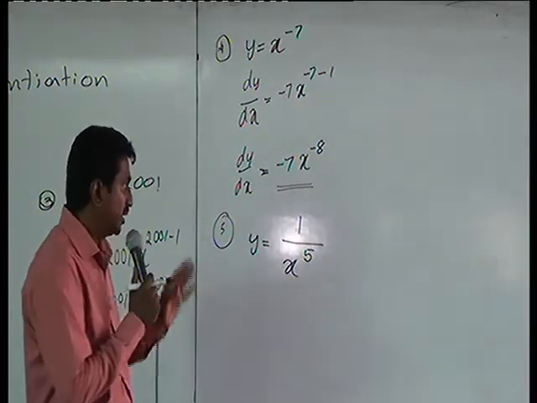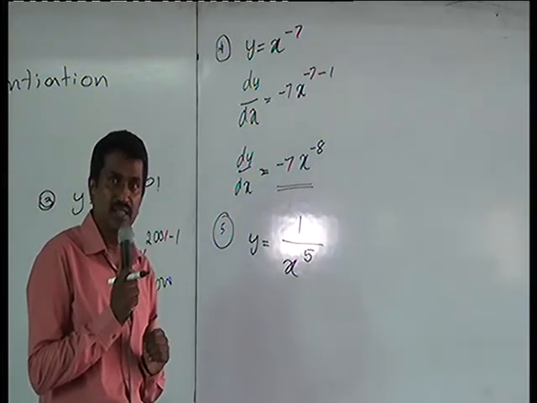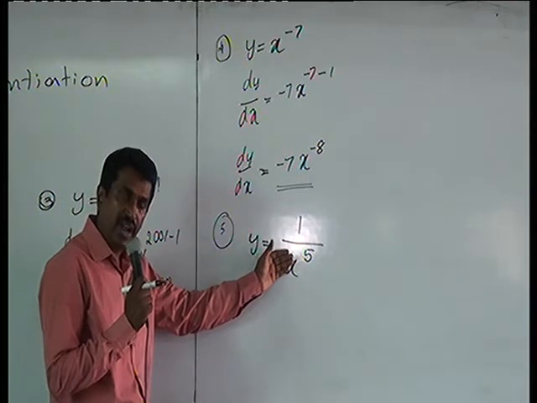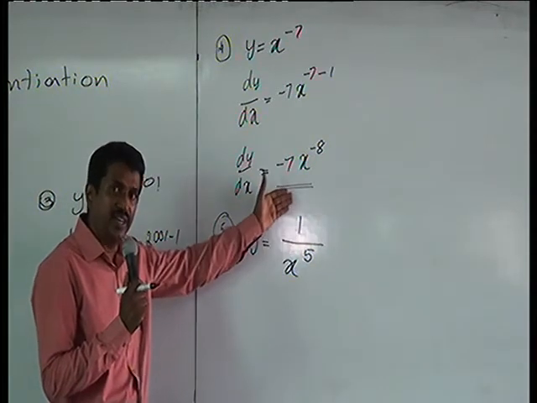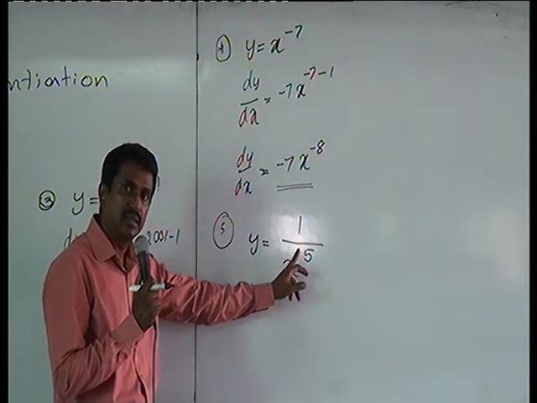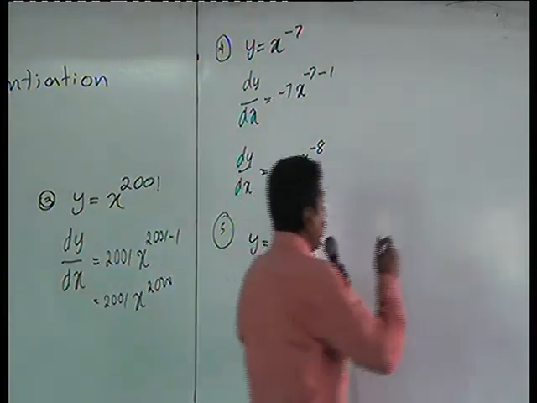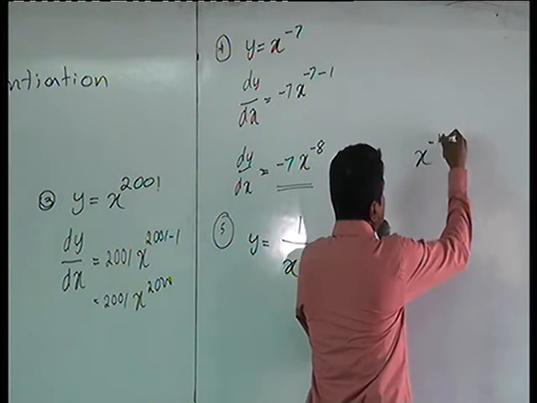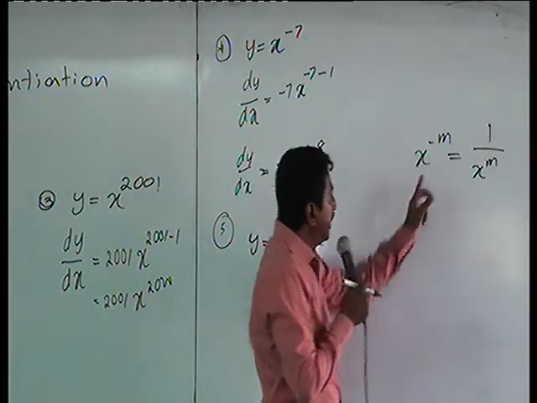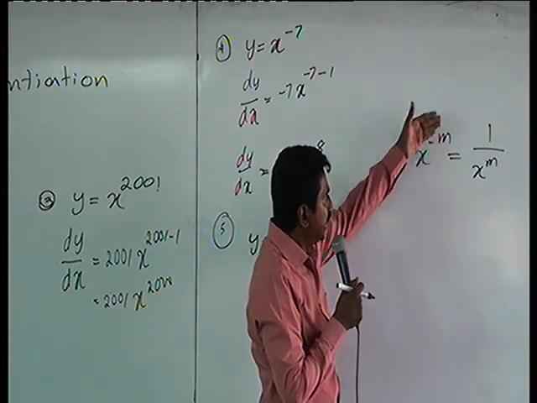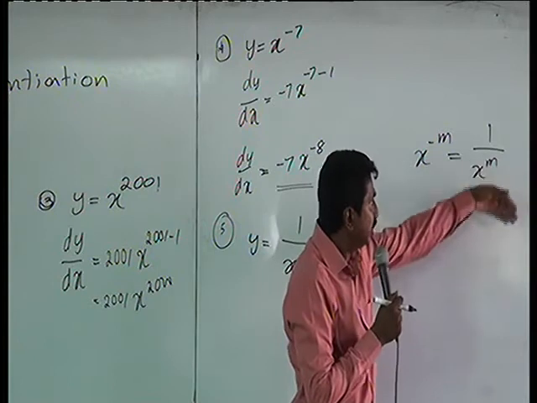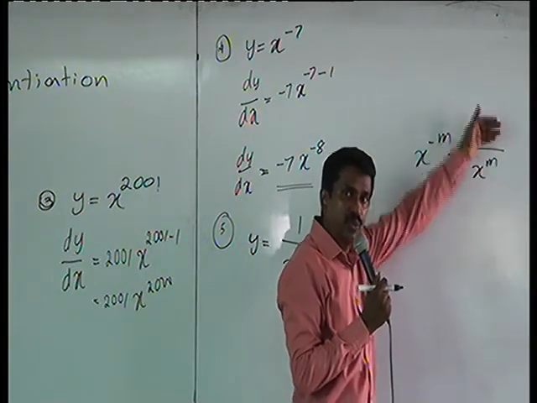Recall the indices: if we have something in the denominator and we want to take it to the numerator, we change the sign. We have x to the power minus m equals 1 divided by x to the power m. The negative index, you take it to the denominator, that becomes positive. A positive index, you take it to the numerator, that becomes negative.